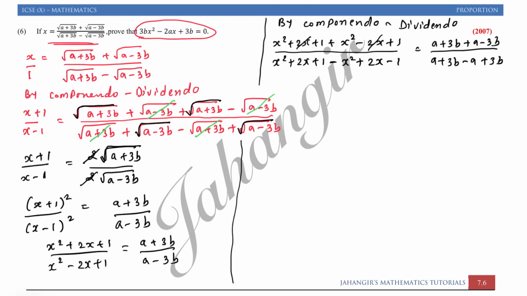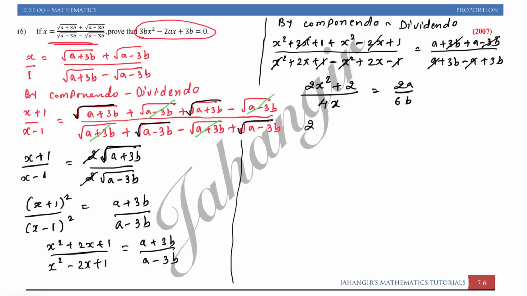Cancelling x square and plus 1 minus 1. Here I can cancel 3b, 3b, a and a. So I will get 2x square plus 1 is 2 upon 2x plus 2x is 4x. That is equal to 2a plus 3 plus 3 is 6b.